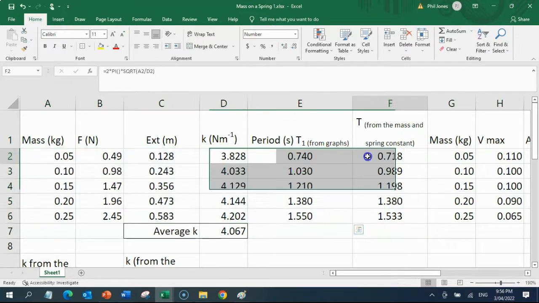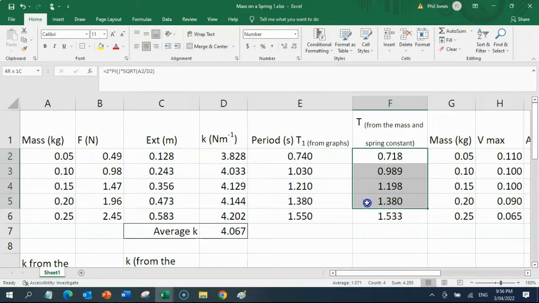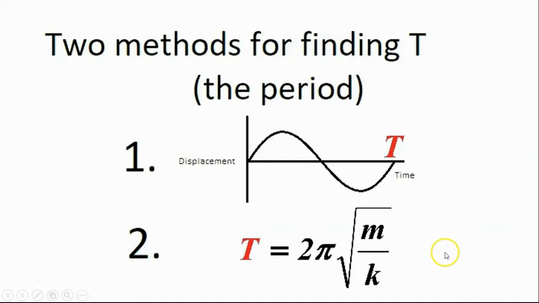So in order to do that, let's just go back to the formula that we had here. That is that T was equal to 2 pi root m over k. So this was the third aim that we had, to compare the period as it was measured with the period calculated using this particular formula.